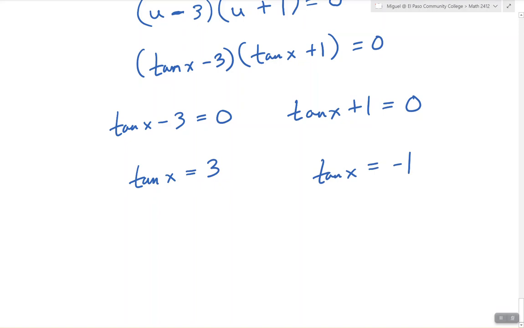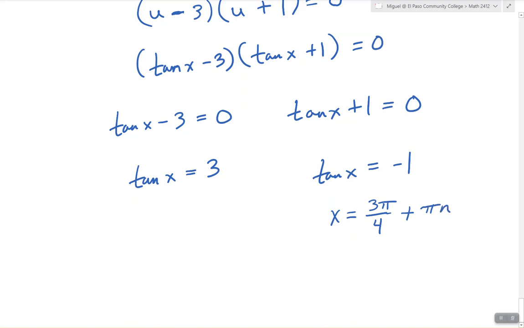Let's do that second one on the right first. Tangent of x is equal to negative 1. What would give me that? 3 pi over 4. This would be plus pi n.